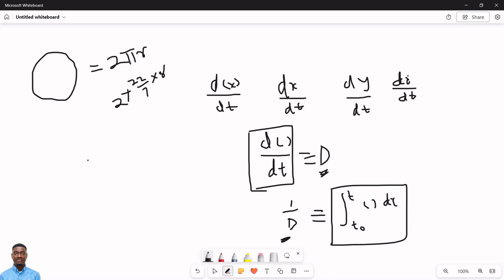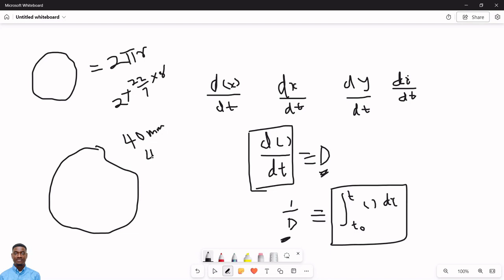For instance, let me say I want to have a dining table, and the dining table is circular in shape. Let me just take that as a circle. But I want to know what the size of this dining table should be. All I need to do is ask, what is the circumference that I want? Let's say I want the circumference to be 40. That's the circumference that I want.